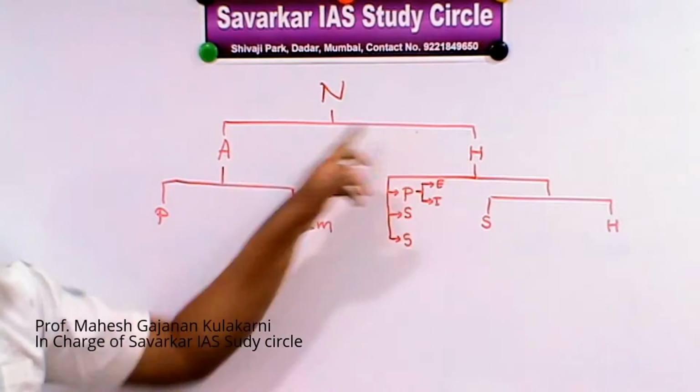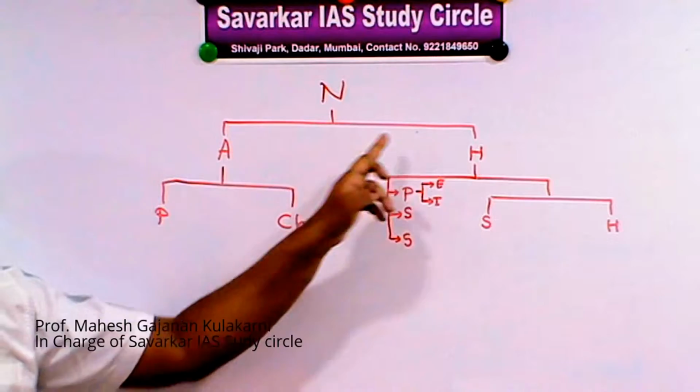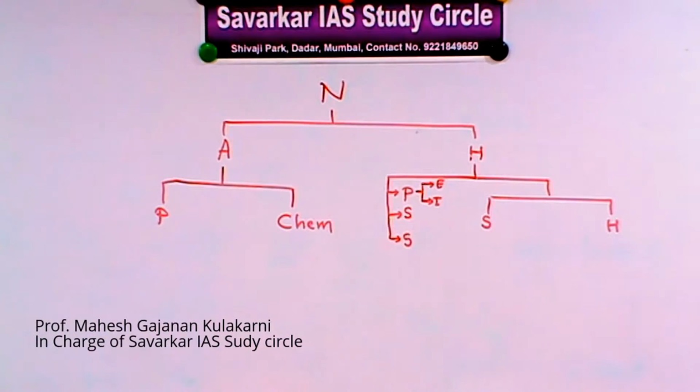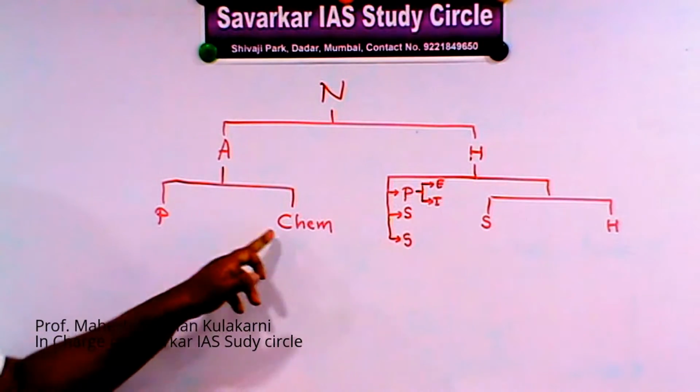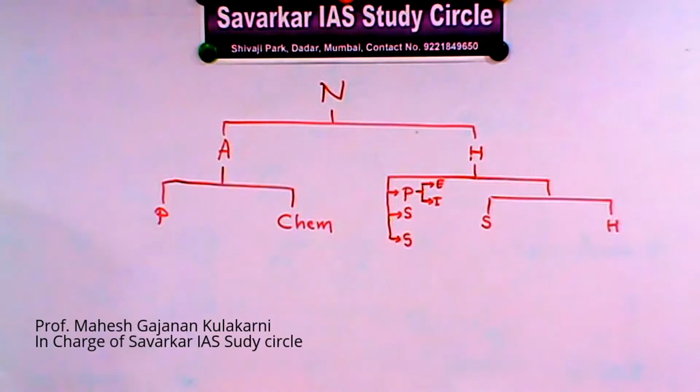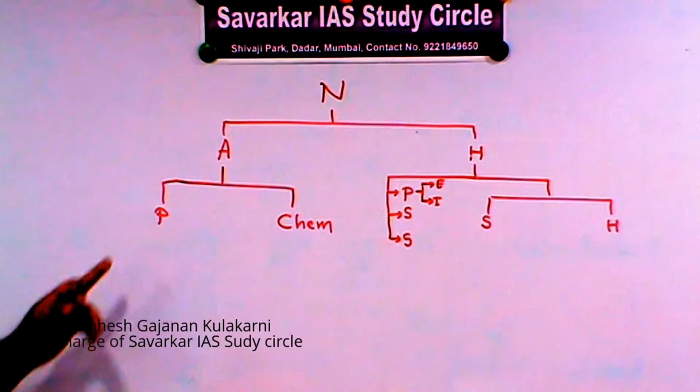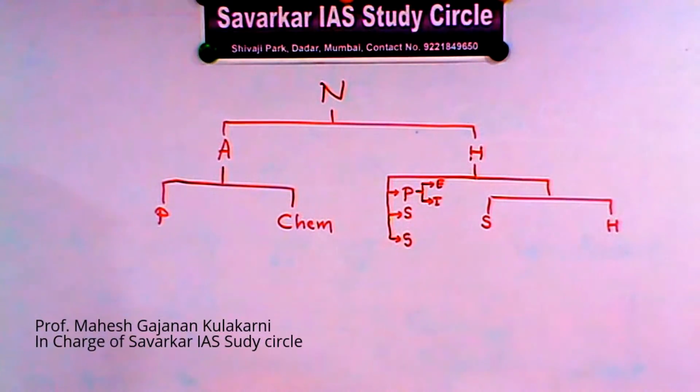Nutrition, I have divided into two parts. This is autotrophic nutrition, this is heterotrophic nutrition. Now in case of autotroph, we divide it again into two parts. This is photosynthesis and this is chemosynthesis. Photosynthetic means you are aware that using sunlight they are converting carbon dioxide plus water into glucose.